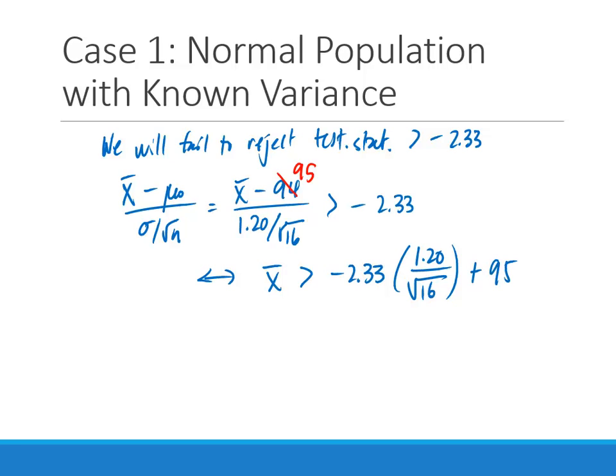So we'll reject when our test statistic is bigger than negative 2.33, which means that we'll reject if our sample mean is bigger than that, which is 94.301. Okay?